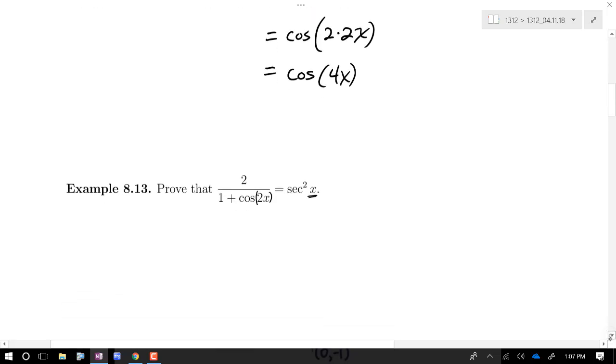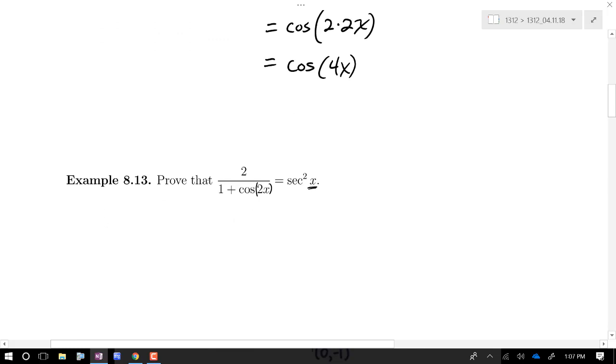So we might start by using a double angle formula for cosine. And the big question is, well, which one? Now, you could use either one and eventually get to the same spot, but let's think about where we want to go. Our result should just be secant squared. What is secant? How do we define the secant function? 1 over cosine.